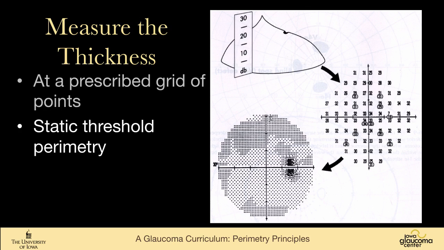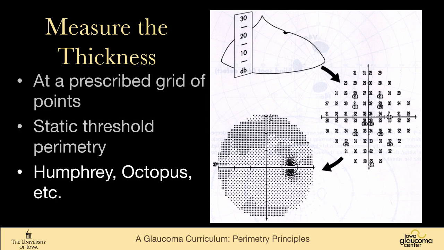And you wouldn't stay at one point. You would present a bright target here and then go off and do other things and come back with a dimmer target. Otherwise, the patient would fixate on that point and you would actually have summation of those targets.